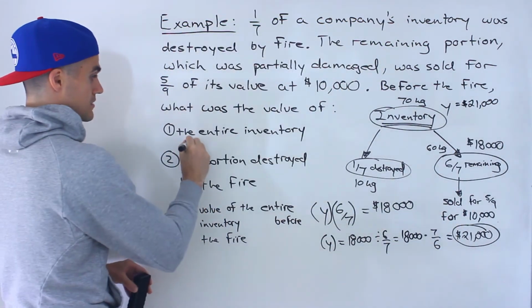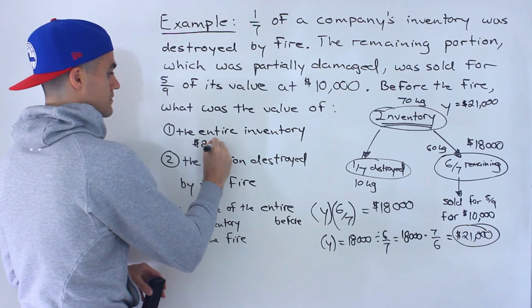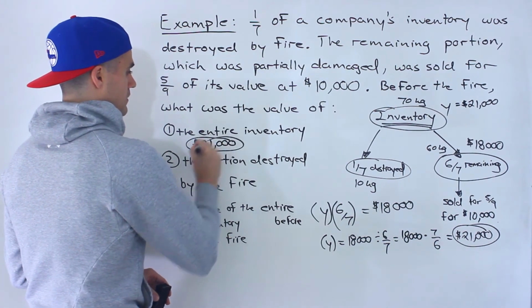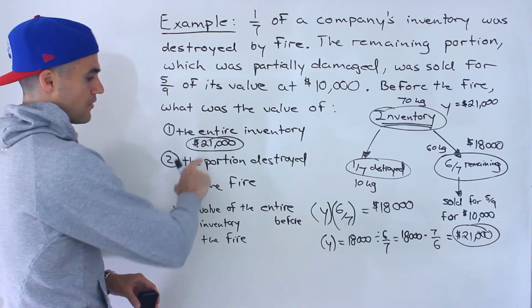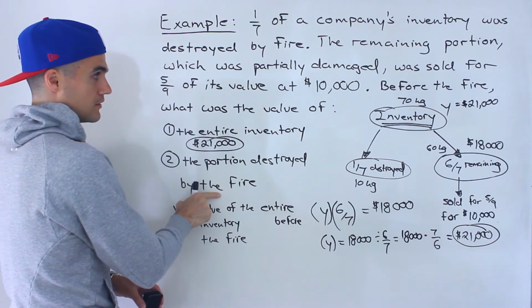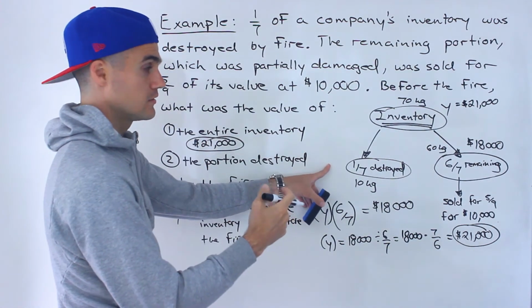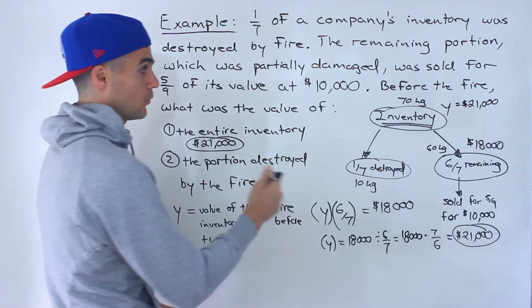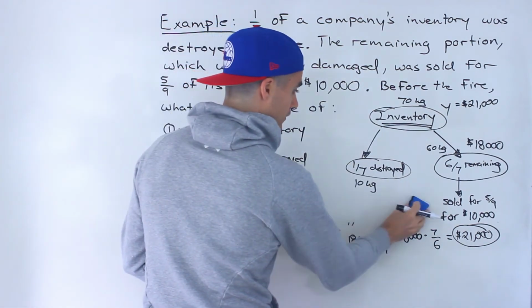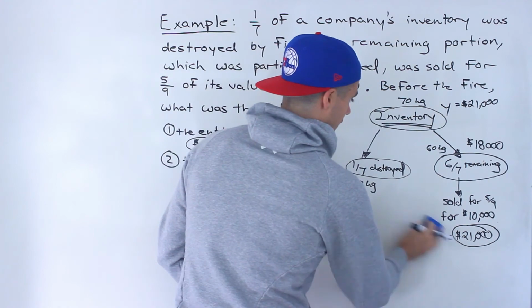So that's the answer to number 1. And then the portion destroyed by the fire, what was the value of that portion before the fire? Well, what's 1/7 of 21,000?